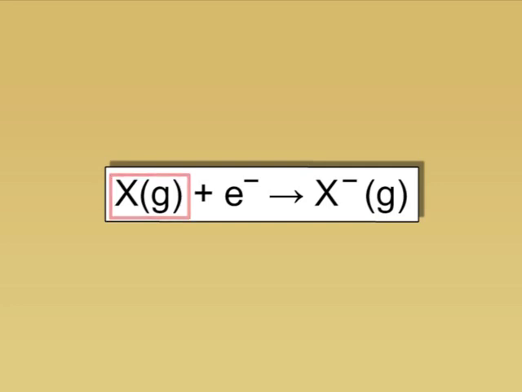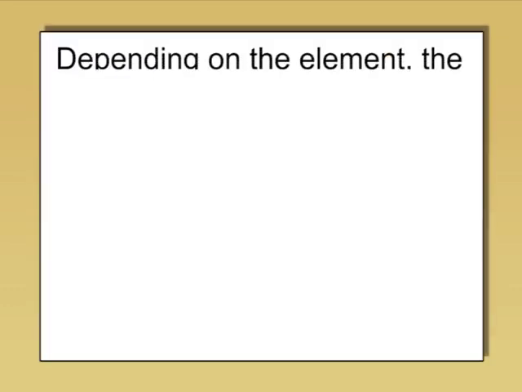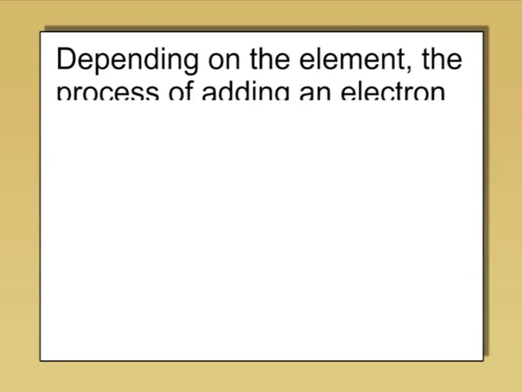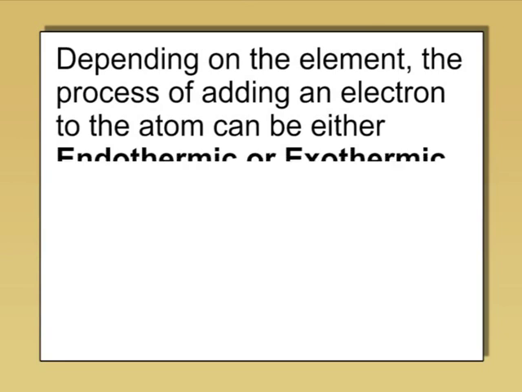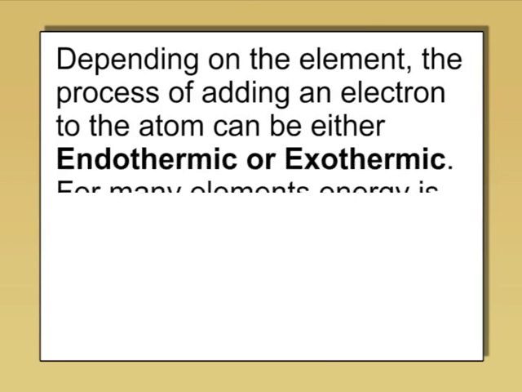Halogen atom in gaseous state accepts electrons to form halide ion in gaseous state. Depending on the element, the process of adding an electron to the atom can be either endothermic or exothermic.